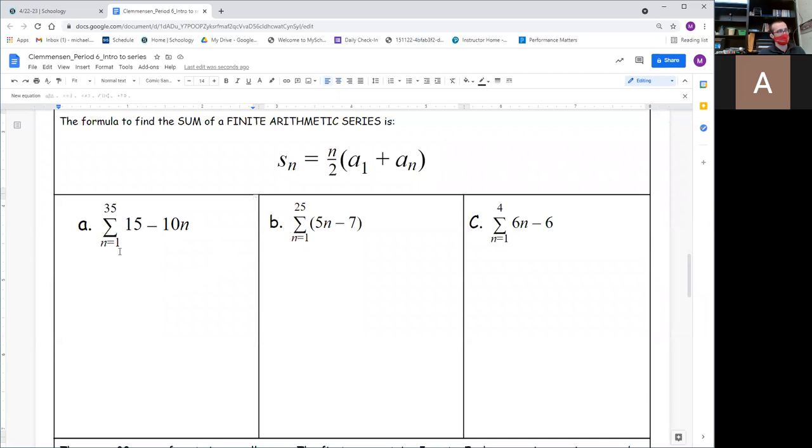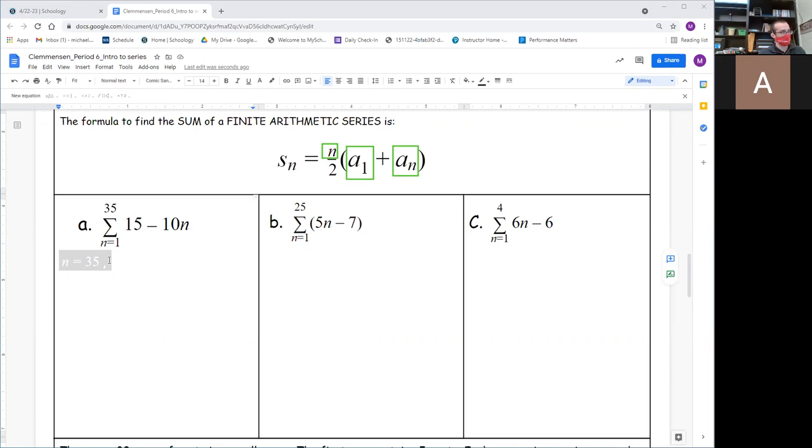For A right here, we need to find 3 different things. We need to find our n, our a sub 1, and our a sub n.